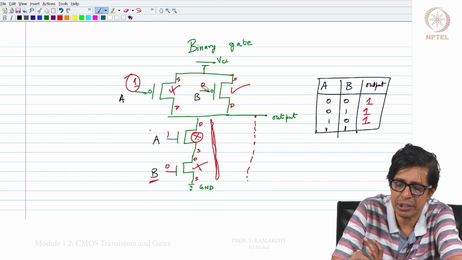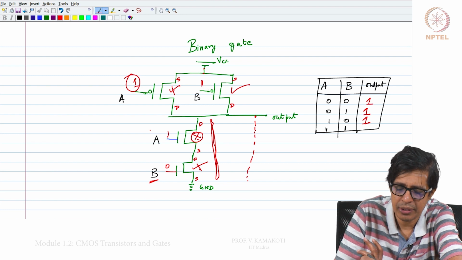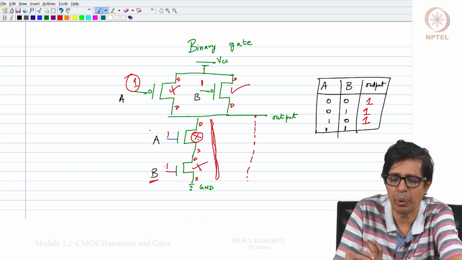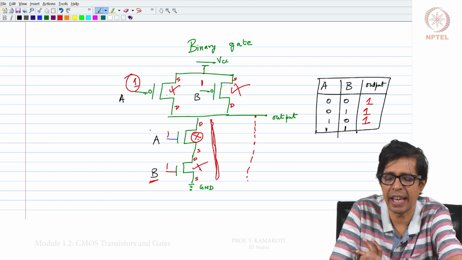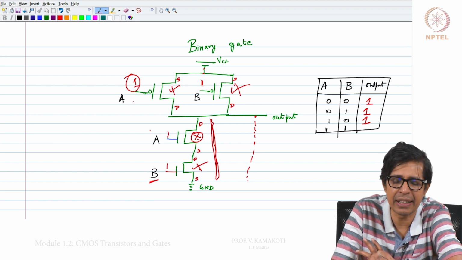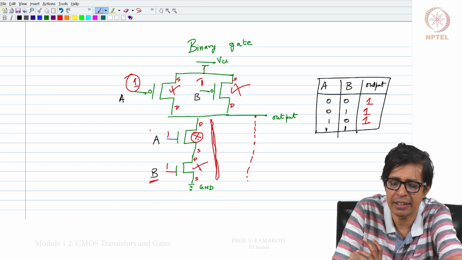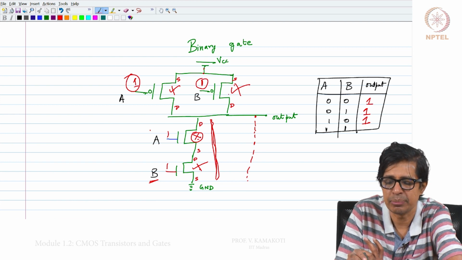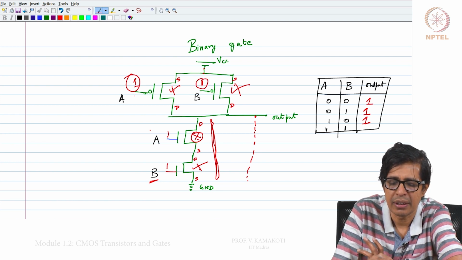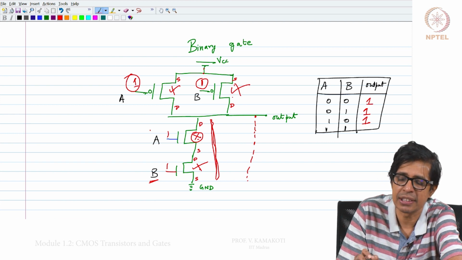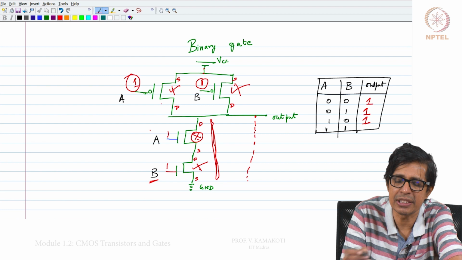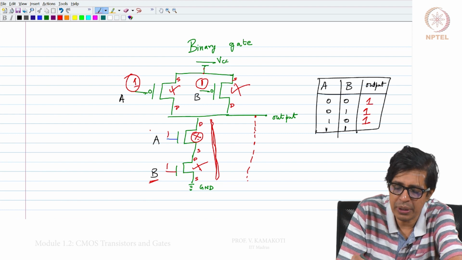Now, let us take the last part, which is 1 1. When we put 1 1, both the P transistors to which A and B are connected are now disconnected, because you have given 1 to each and they are P transistors. If I give 1 to a P transistor, it is off, and both the N transistors are on.